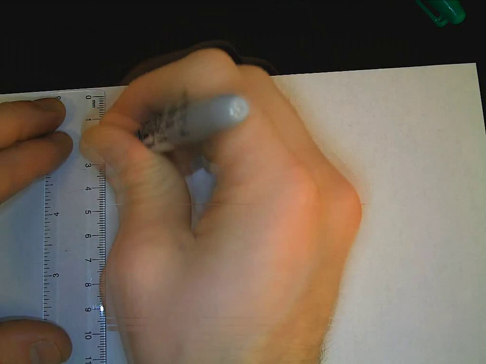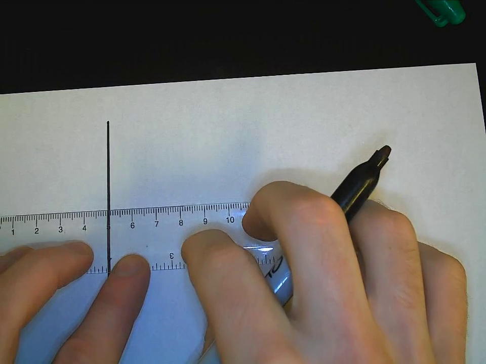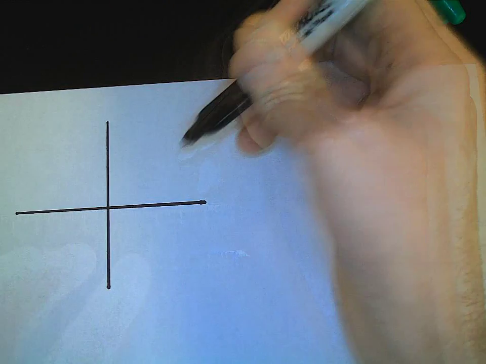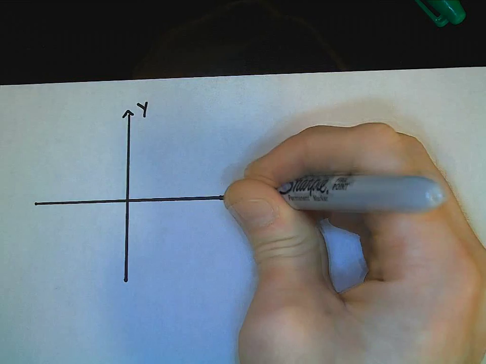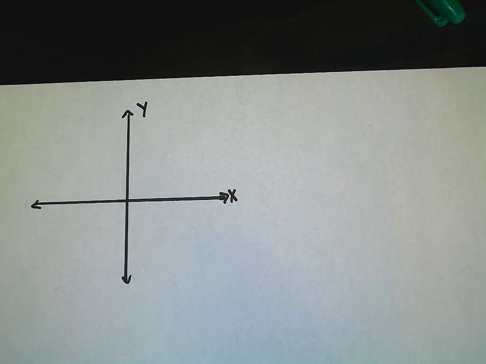So let us now analyze centripetal motion mathematically. Let's have a coordinate system set up as follows. We have a y and an x axis.